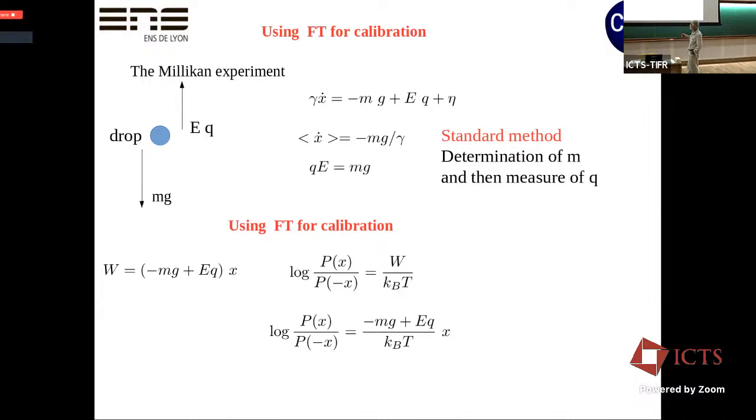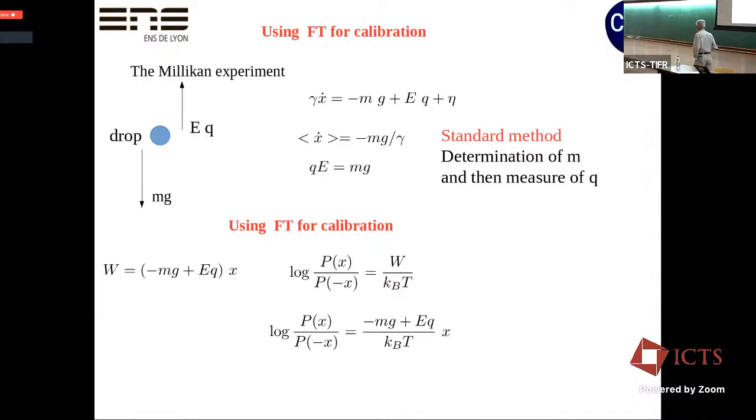Again, I apply the fluctuation theorem. Suppose that I'm using this already on a very long time, so I put in the asymptotic behavior. Now you see that this ratio has to be linear in X, and just by fitting the slope, I immediately get the mass and the electric field of my apparatus.